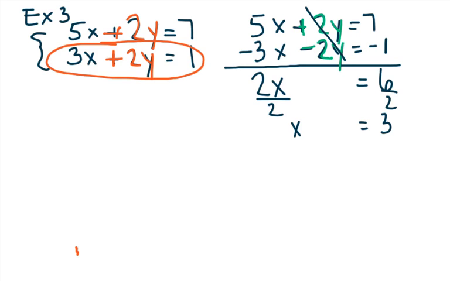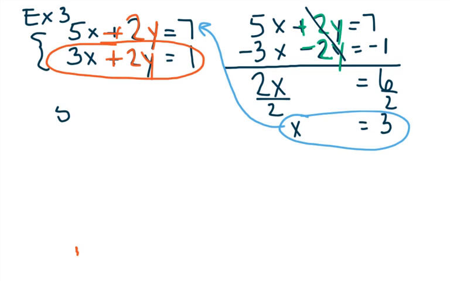Once I have my x value, I'm going to plug that value into my original equation. So my original equation was 5x plus 2y equals 7, and I'm going to plug x equals 3 in right there.